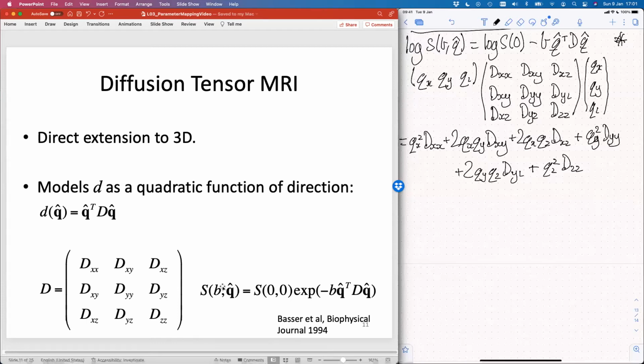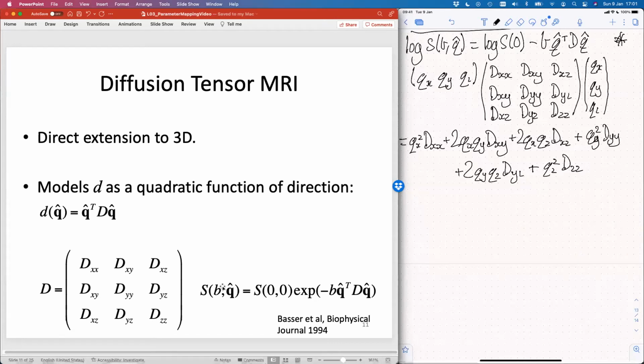So I'm going to write out again, in a very similar way to what we did just a minute ago with estimating the scalar diffusivity, a matrix equation that will allow us to estimate these unknown quantities.